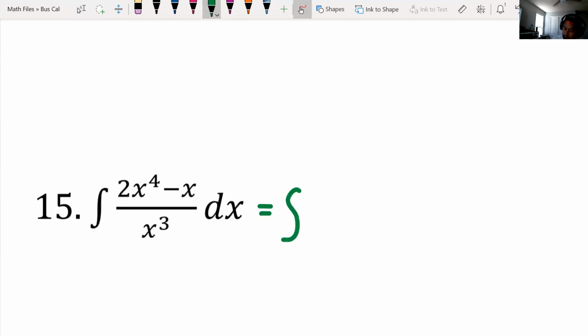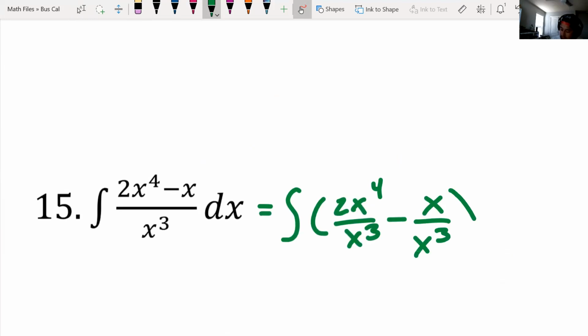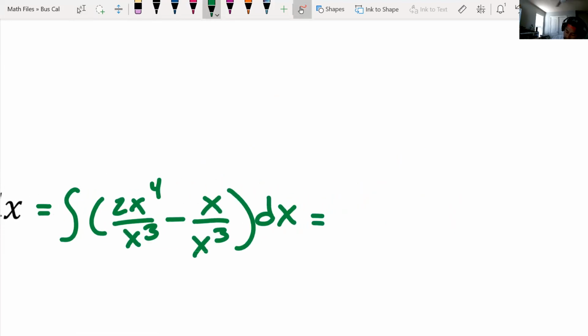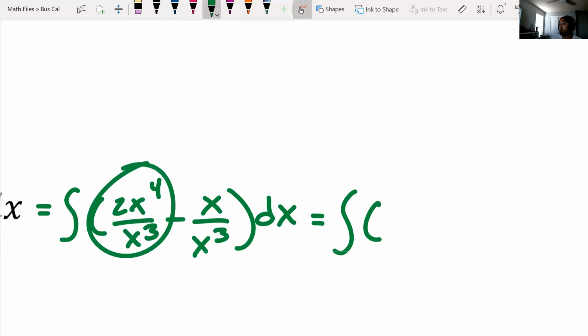So you'll get the integral of 2x to the 4th over x cubed minus x over x cubed dx. So I split it into two fractions, and now we have to reduce. So we'll get the integral, and 2x to the 4th over x cubed will just become 2x.